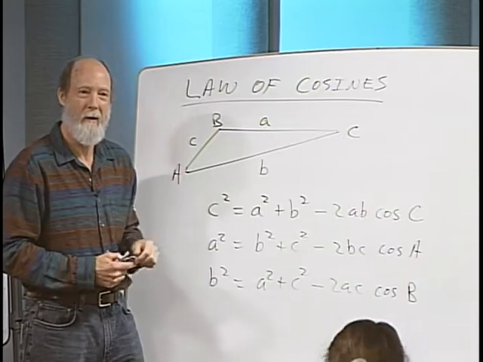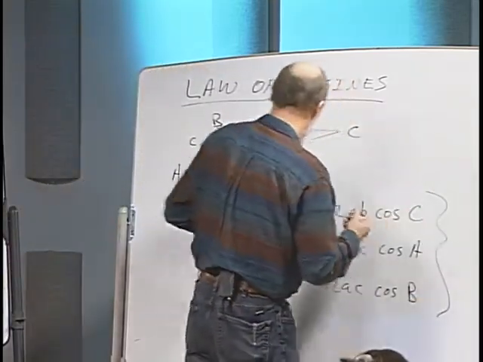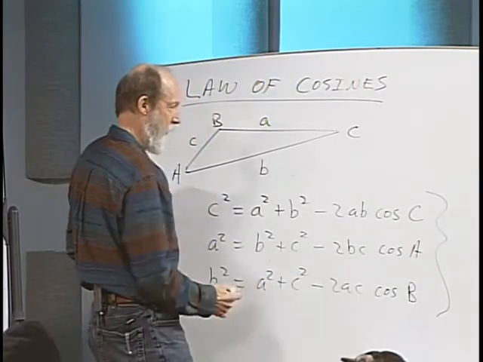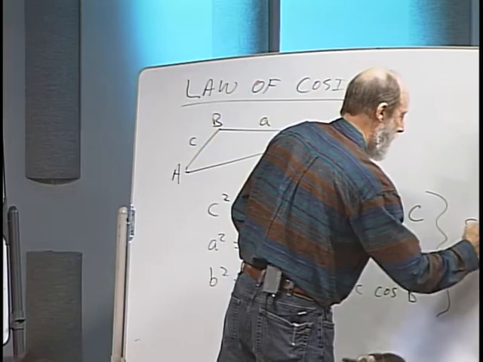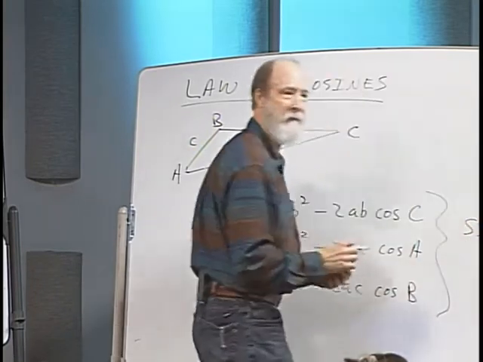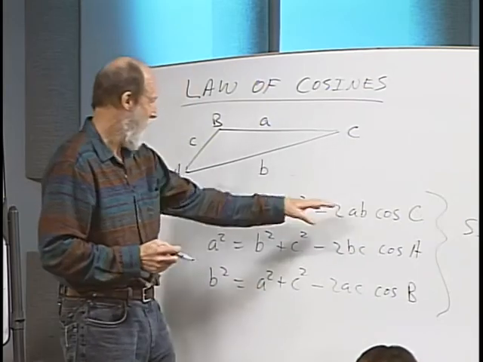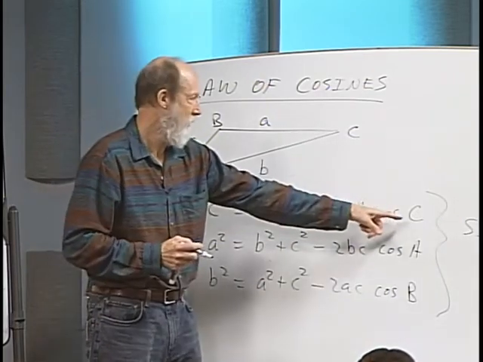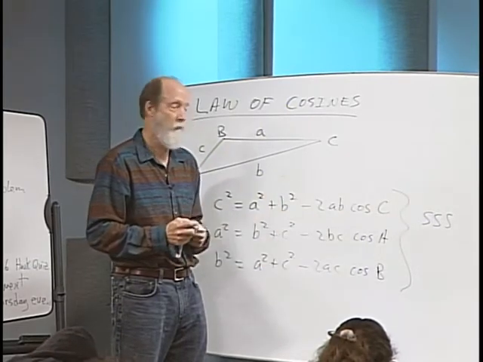So here's your law of cosines in its various forms. If you know all 3 sides, then the only thing missing would be a vertex angle, and you could then solve for that.